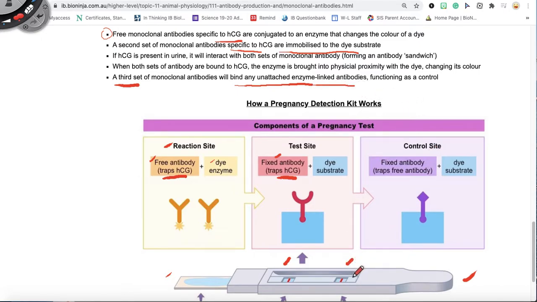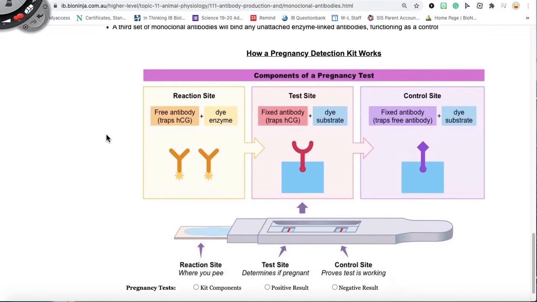So we have the first site here, the second site here, and the third site here. This corresponds to the free antibodies, this corresponds to the fixed antibodies, and this corresponds to fixed antibodies that can trap any free antibody.